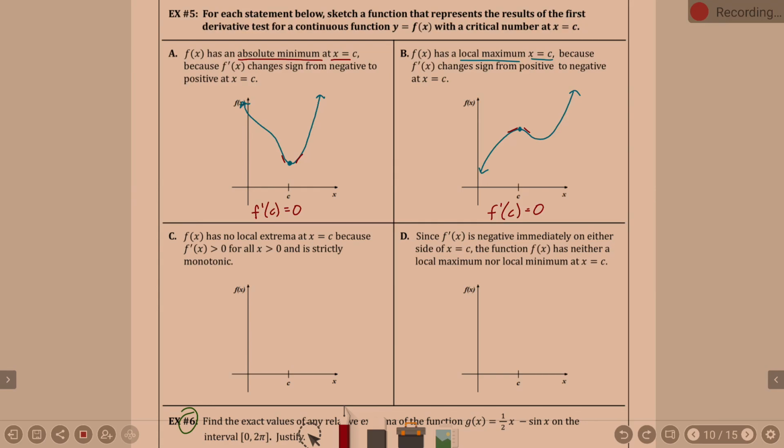C. F of x has no local extrema at x equals c, because f prime of x is greater than 0 for all x and is strictly monotonic. Could it be a line? I'm checking the whole definition of monotonic.